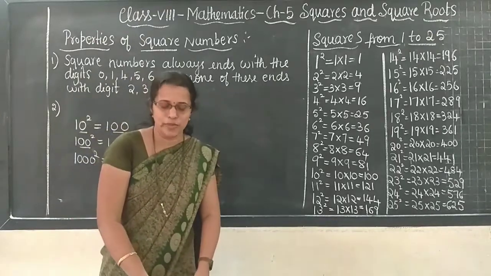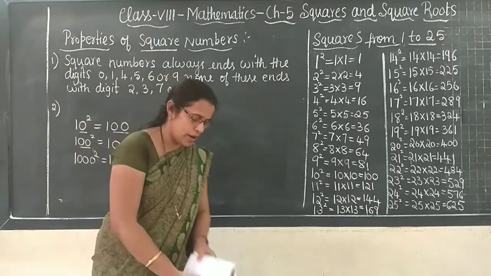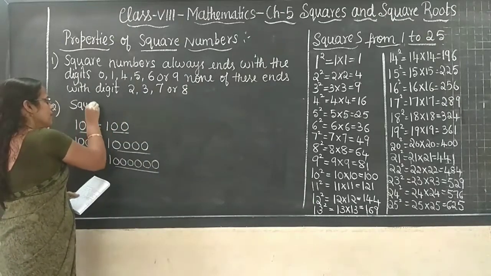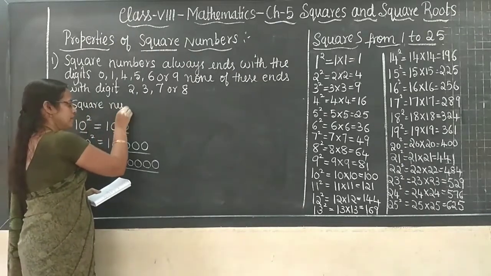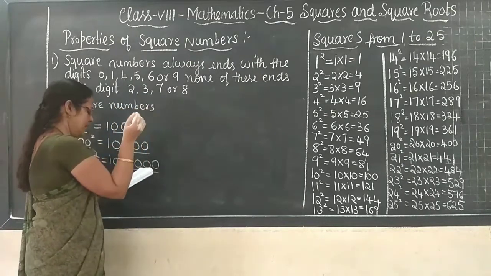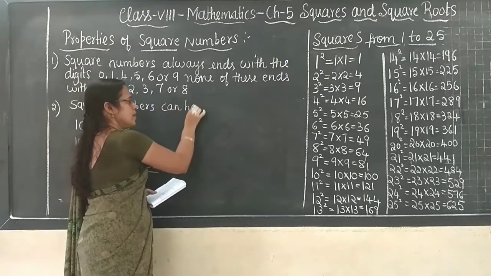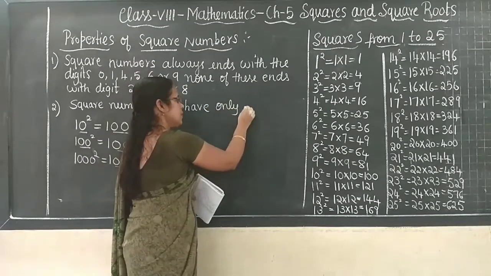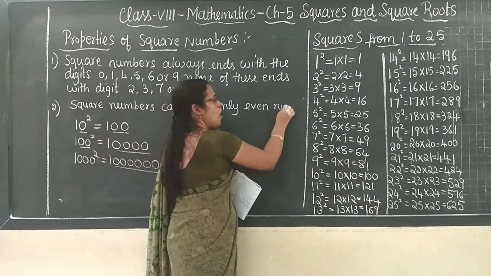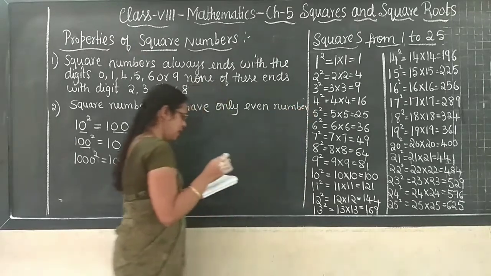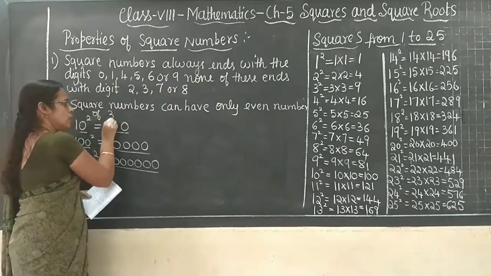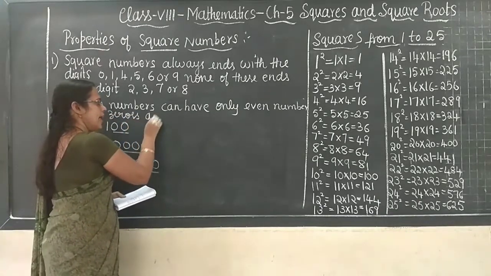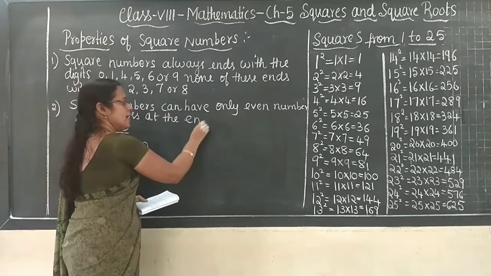So let us write the second property, children. Write here: square numbers can have only an even number of zeros at the end.